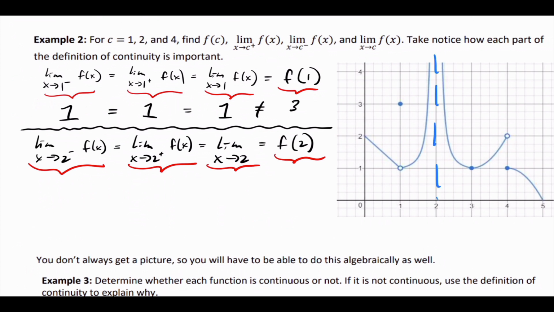We said that on example number 1. So what is the limit as x approaches 2 from the negative side? From the negative side, where is it approaching? It's approaching positive infinity from there. So we say positive infinity. How about from the positive side? Positive infinity, right?